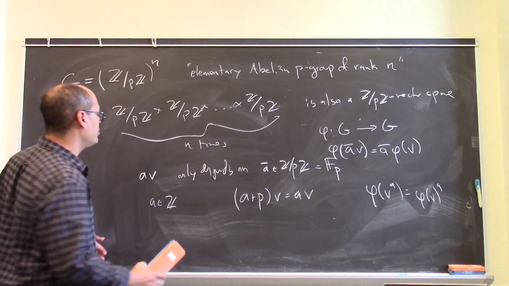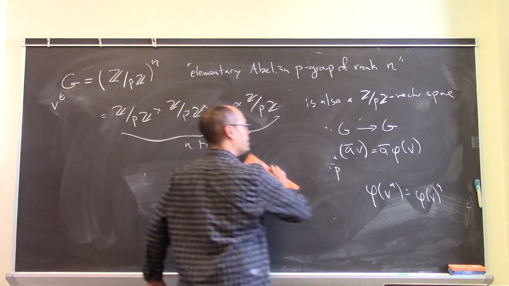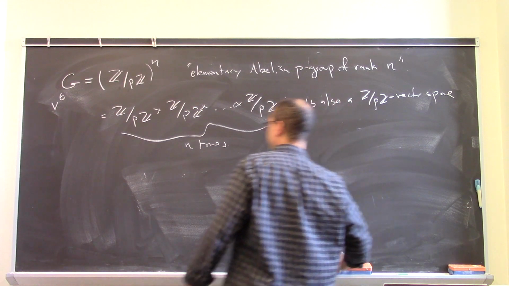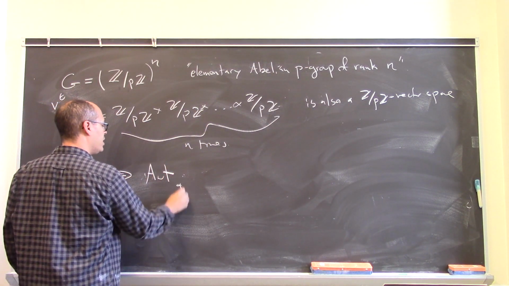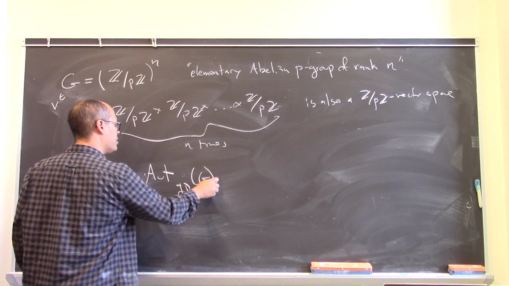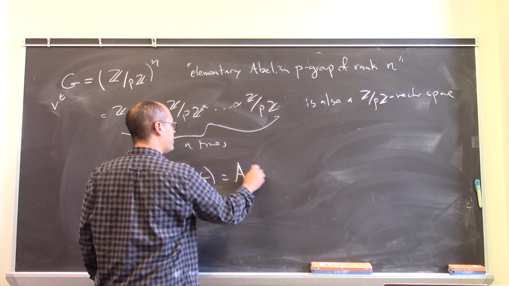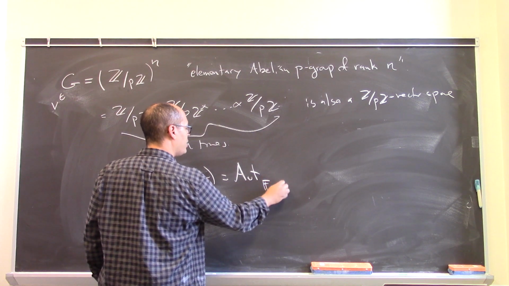So for that reason, we get a nice description of the automorphisms. So automorphisms of G, thought of as a group, are the same as automorphisms of G thought of as an F_p vector space.